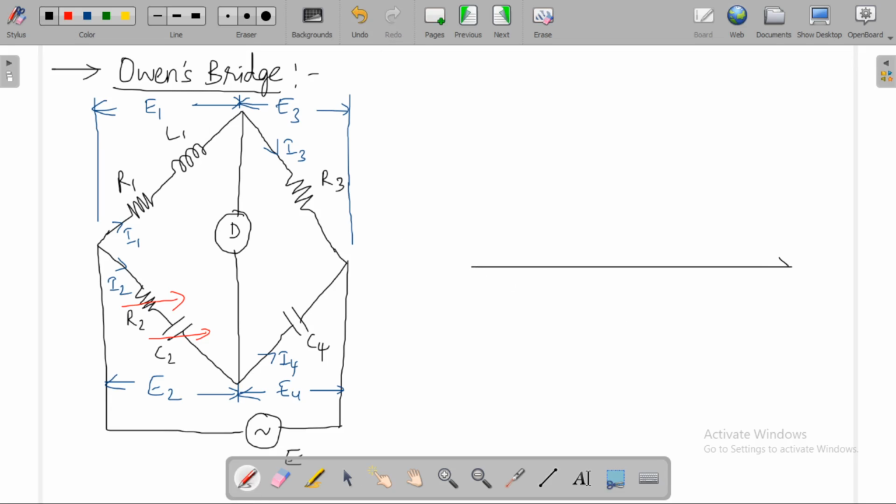So this is phasor I1. I1 is equal to I3 under balanced conditions, and I2 is equal to I4.